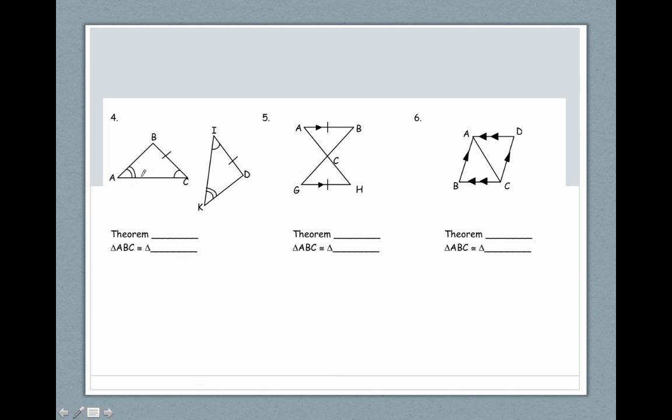Okay, so this one we have angle, angle, side. The thing about two angles is if you have two angles, you have all the angles because they add up to 180. So two angles is more useful than two sides.